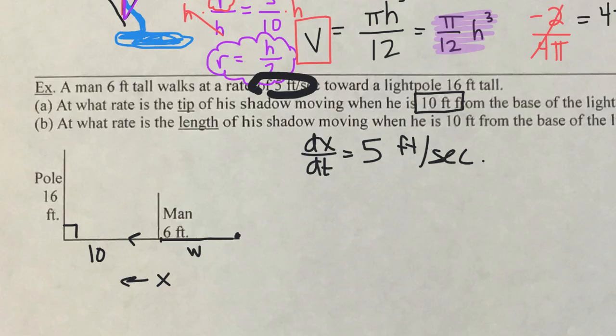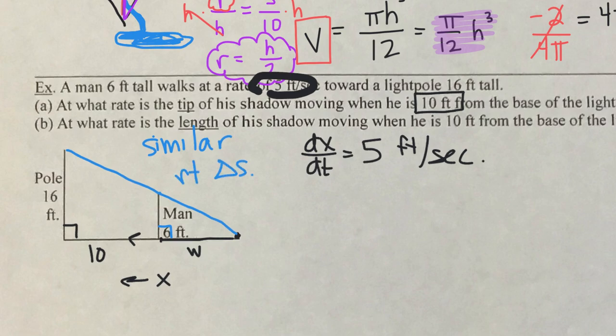Okay, so what type of a problem is this? Right, so let's draw this triangle. Both of these people, we're assuming that this man is walking perpendicular to the ground. Right? He's not a hunchbacker walking over. We're assuming that the pole is also perpendicular to the ground. So what we have here, in fact, is a set of similar right triangles.